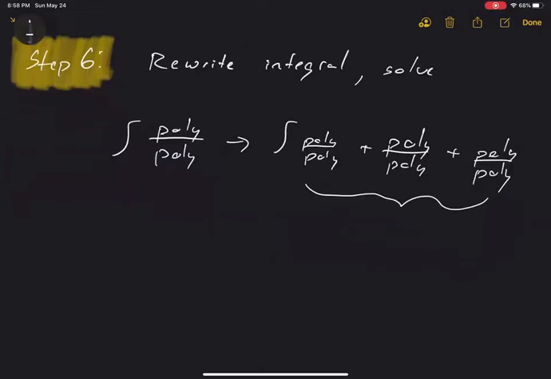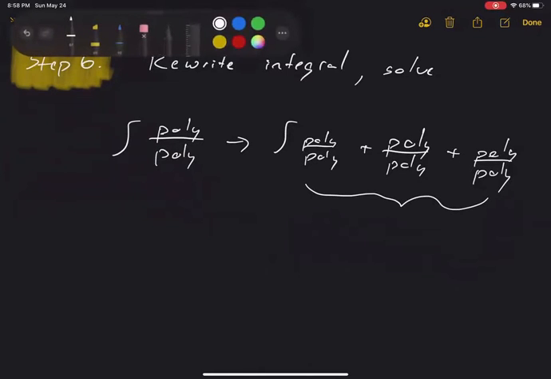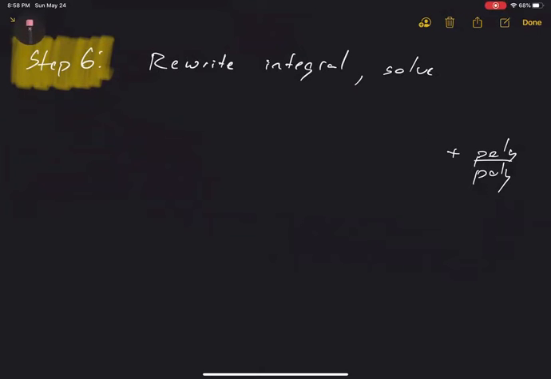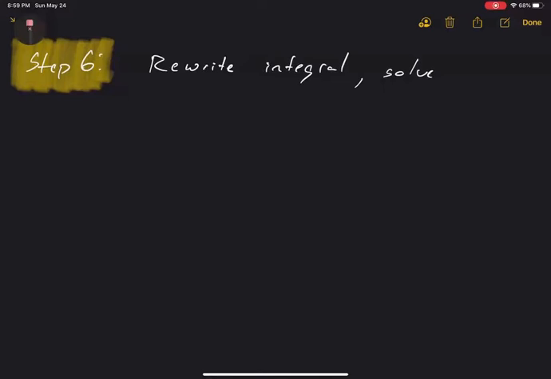There are three types of integrals, I believe, that we need to know how to do. At step 6, all our integrals are going to have one of three basic forms.